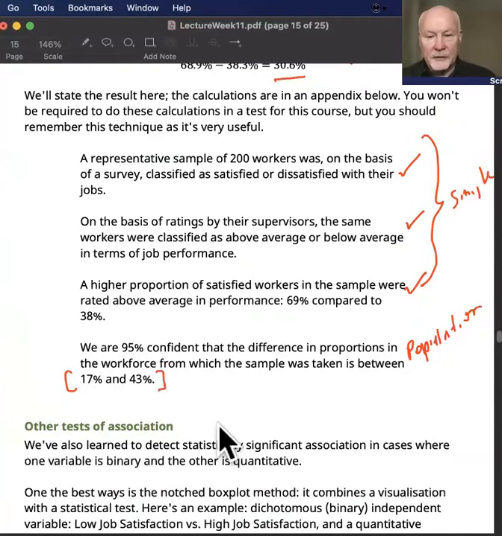So there is a non-zero difference between the two categories, satisfied and dissatisfied, in terms of their job performance. All right, I'll leave that there. The next video will look at another case where we have one categorical binary variable and one quantitative variable.